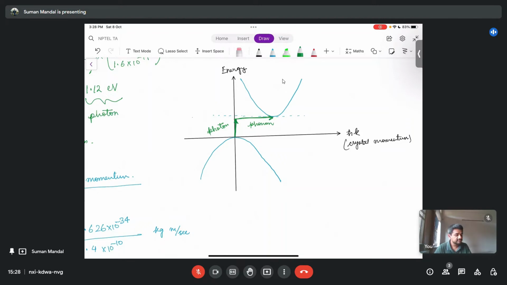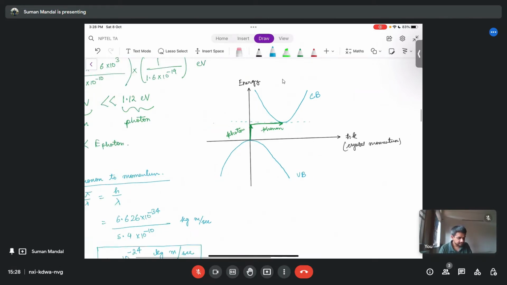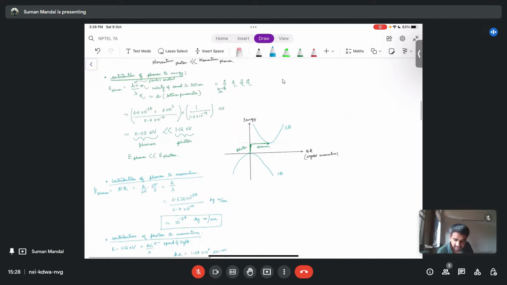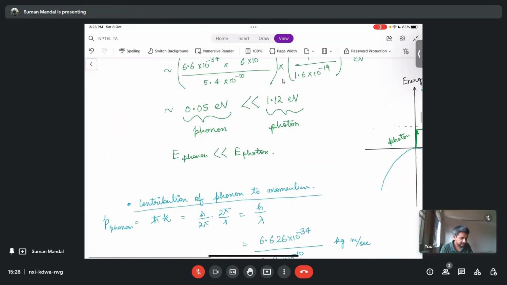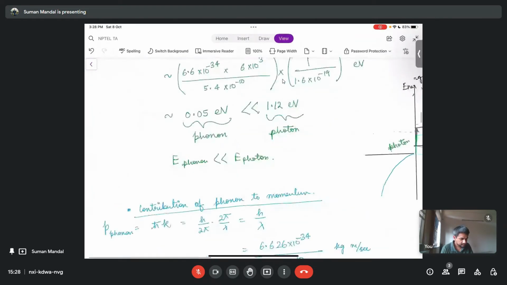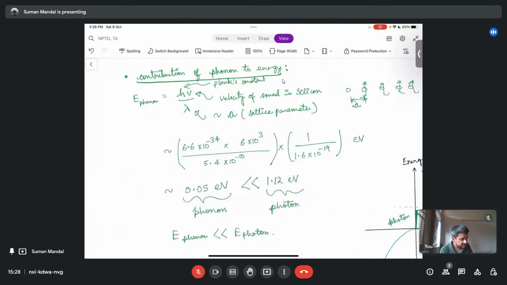And this is why it is a two-step process. One supplies the energy and another supplies the momentum. Is it clear? Yes, sir. I hope I didn't make any mistake in the numbers.